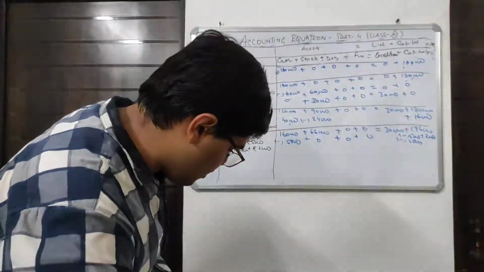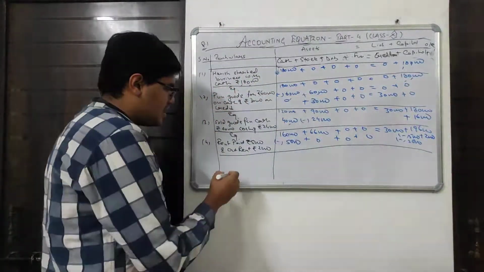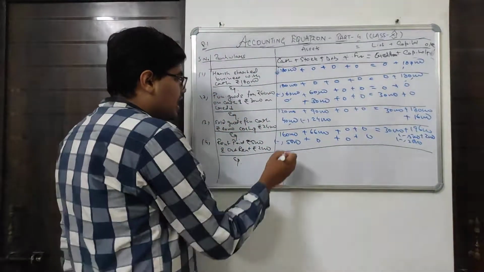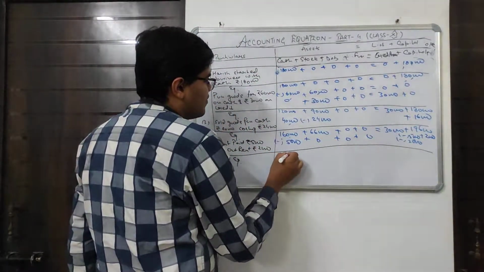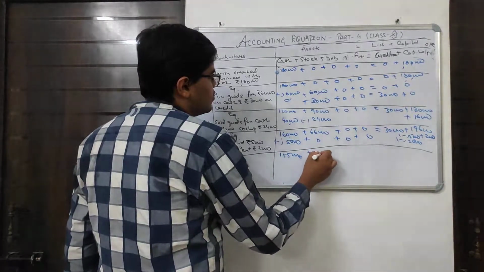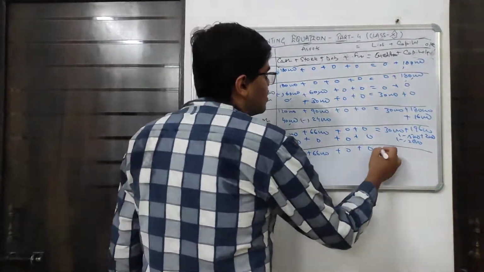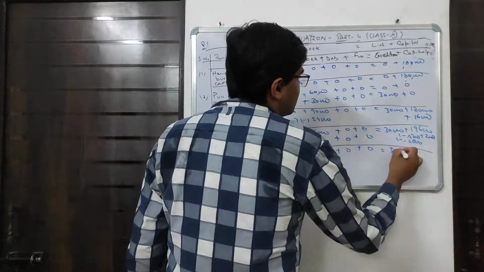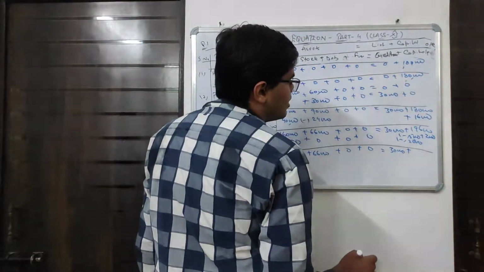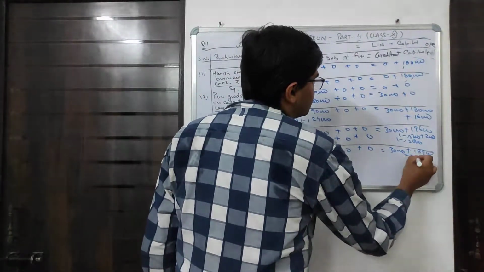So as you can see, the equation framed will be 1,60,000 minus 5,000, 1,55,000 in cash, plus 66,000 in stock, debtor no change, furniture no change, creditor 30,000, plus 1,96,000 minus 7,000, 1,89,000, and plus 2,000.